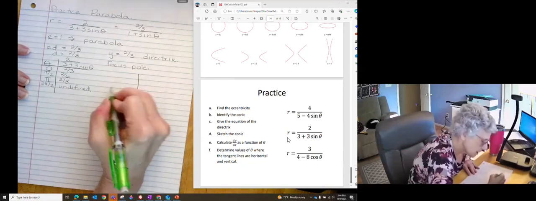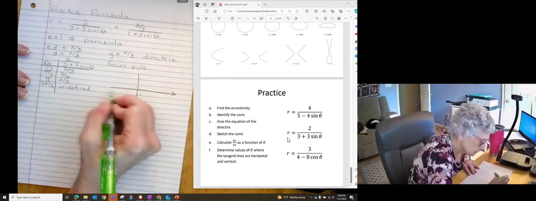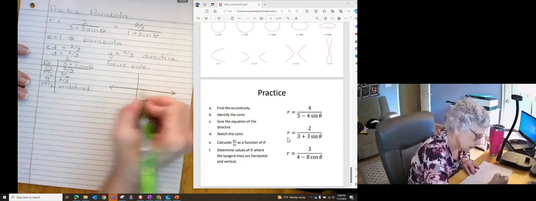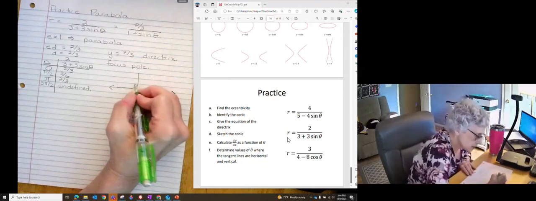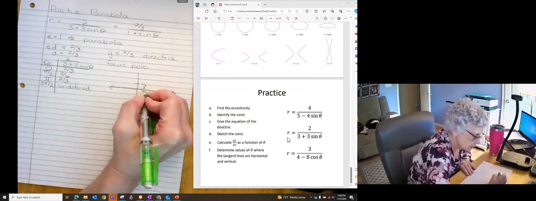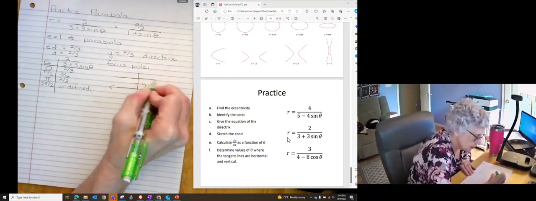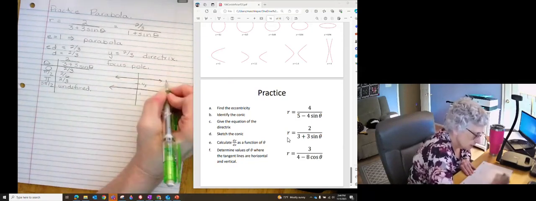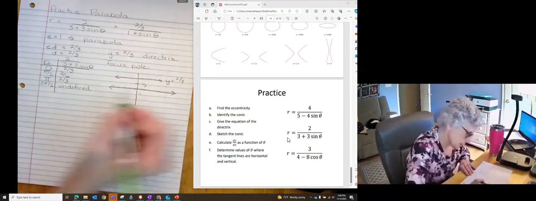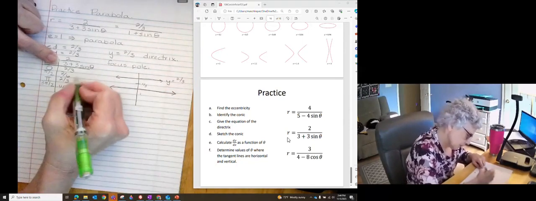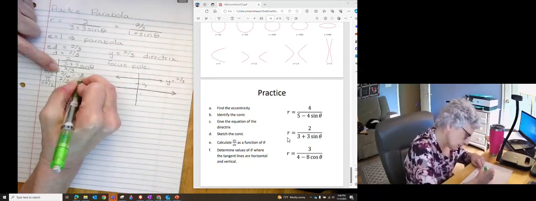Let's plot stuff. And first I'll plot the directrix at 2/3. So we'll say this is 1/3. This is y equals 2/3.